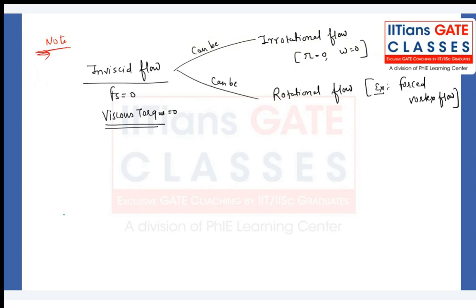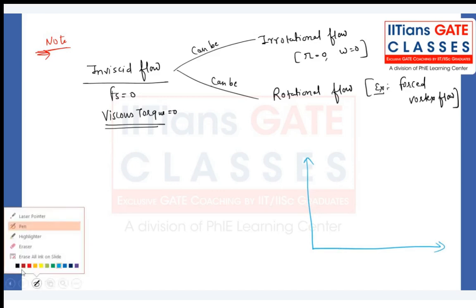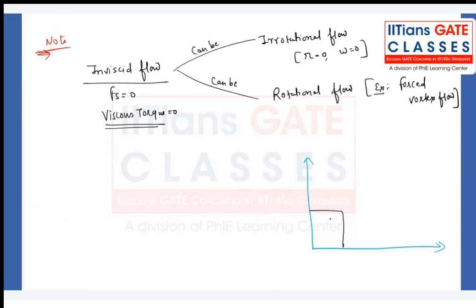That may be possible, but a very special case. Remember, you can have both. What I want to say, all three things are possible for a fluid element. A fluid element can translate, can deform, and can rotate also.